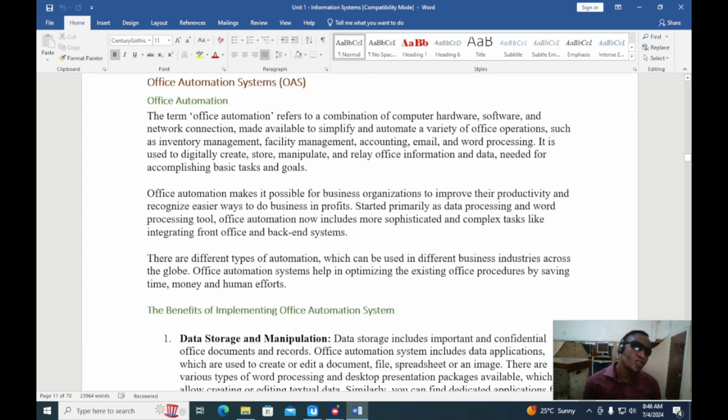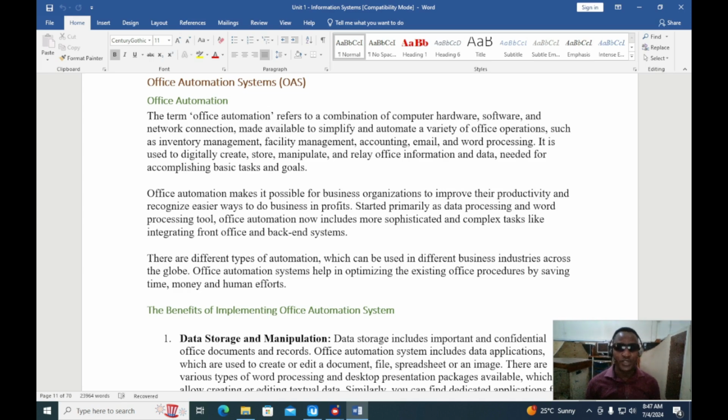Okay, let's now talk about office automation systems, OAS. So what is office automation? Office automation is a term that we use to refer to a combination of computer hardware, software and network that is made available to simplify a variety of office applications. For example, inventory management, we can talk of facility management, accounting, email, word processing.